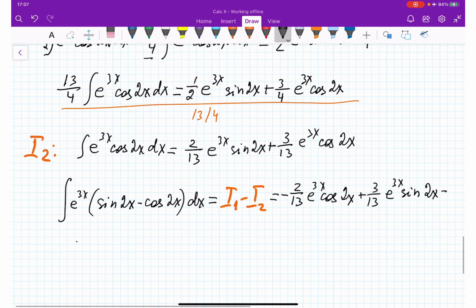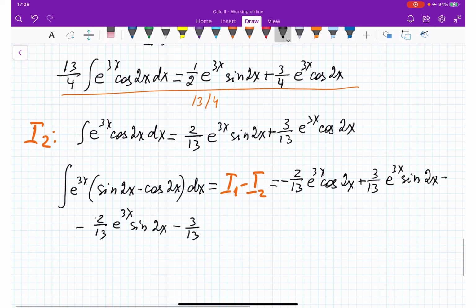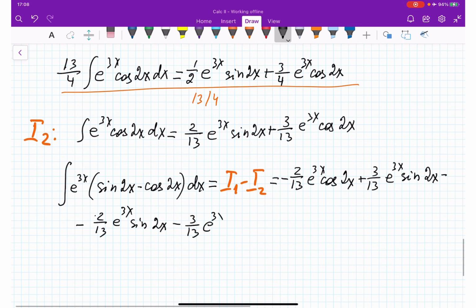minus, now we need to subtract I2, right? In here we have I2, so minus 2/13 e to the power 3x sine 2x and minus 3/13 e to the power 3x cosine 2x.